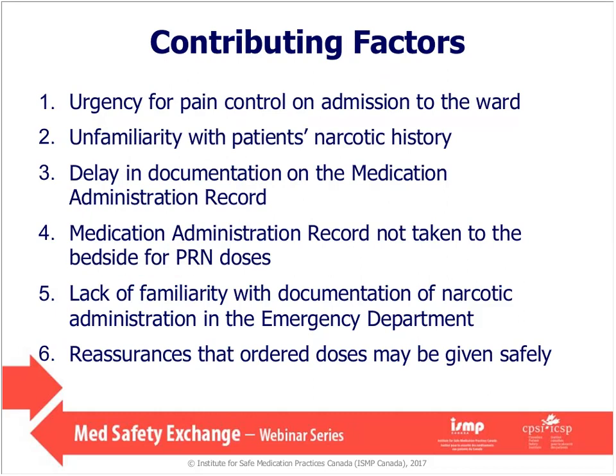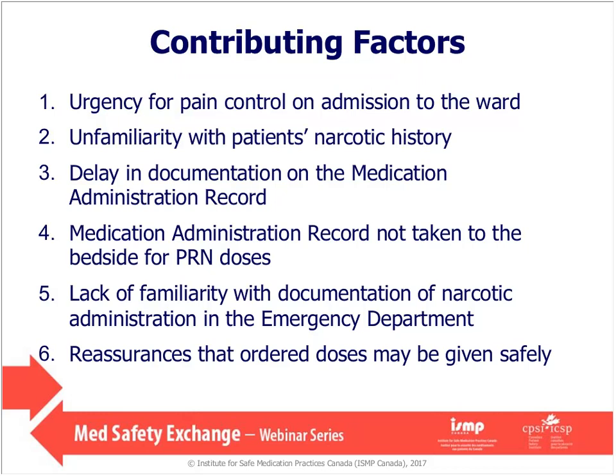6 contributing factors were identified, and I'll go through them briefly. An urgency for pain control on admission to the ward, unfamiliarity with patient's narcotic history, delay in documentation on the medication administration record, leading to the administration of extra doses, medication administration records not being taken to the bedside for PRN doses also contributed to additional doses being administered.